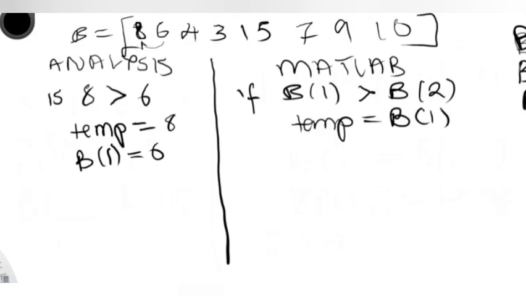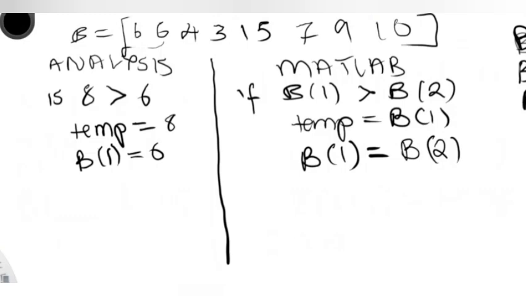Then instead of saying B1 is equal to 6, what is the position of 6 in this array? 6 is at position B2. So we say B1 is equal to B2. What we have done is that we've just erased 8 from here and put 6 here. This is what we have done so far on both sides.